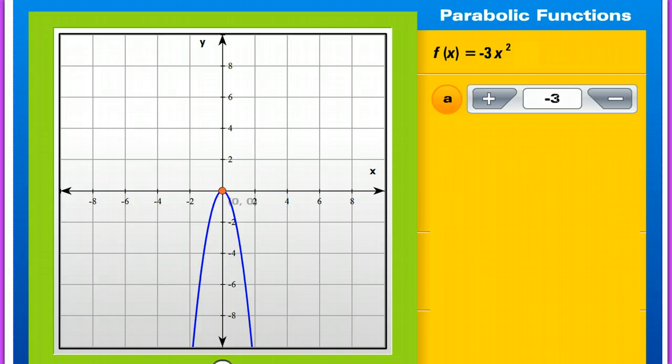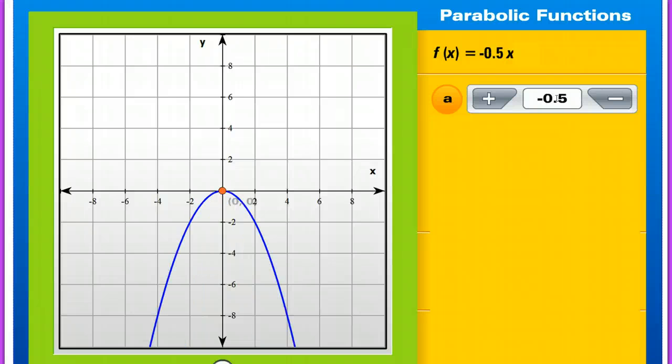If I make the absolute value of this number less than 1, so let's say I put a 0.5 in there, then I get a wider graph than my original mother function. So I just wanted to show you this. Prior to even graphing something, you want to look at your original function just to determine what it should look like. Just be smart about how you start to graph something based off of its original equation.